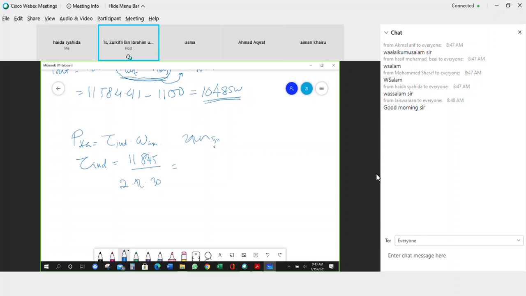So 2 darab 3.142 by 30. So here you'll get your nilai will be 188.52. So 11845 divided by 188.42. So it's about 62.86 Newton meter. So this is your induced torque.